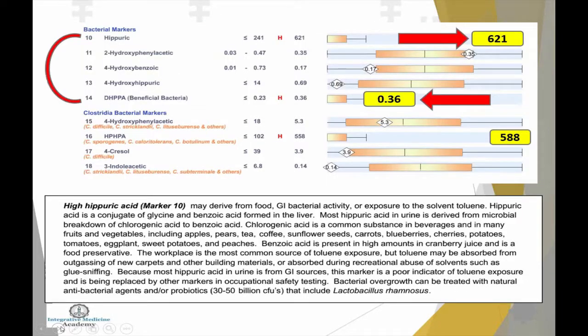But more commonly for most people, this is a normal marker of intestinal bacteria. There's a chemical that we obtain through various types of foods like coffee and carrots, blueberries, potatoes, apples, etc., called chlorogenic acid that certain bacteria will use and convert to hippuric acid. So again, in most circumstances, I think what you're looking at is normal bacterial activity.